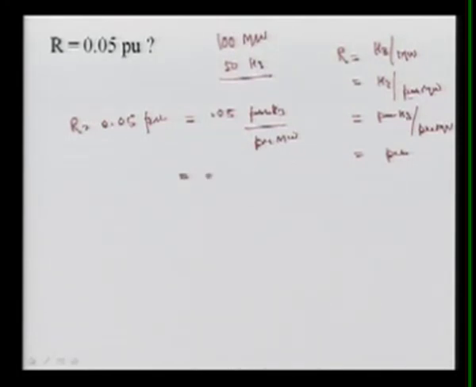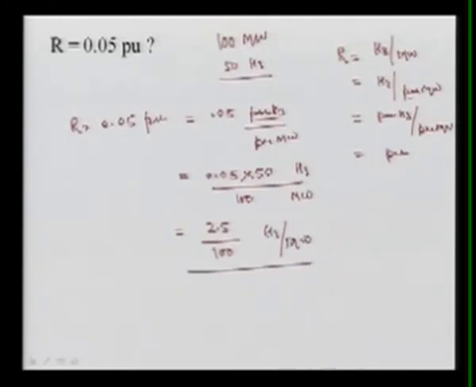From per unit to actual value, we have to multiply by the base value, that is 50 hertz for frequency and 100 for power, so now we get megawatt. So we get 2.5 divided by 100, that is hertz per megawatt. This is the way of converting, and finally you get 0.025 hertz per megawatt.